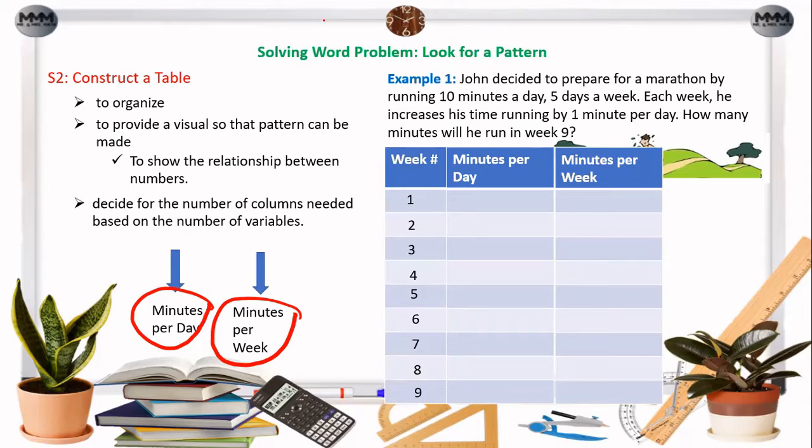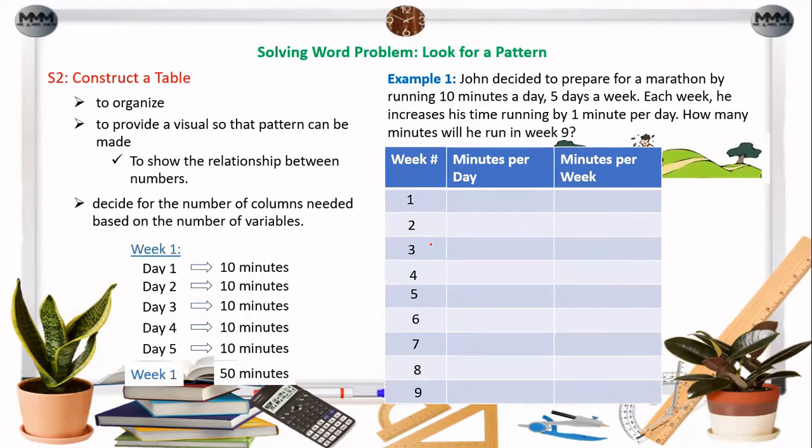Because we are to find the time in minutes that John will run in week 9, we can have here week 1, week 2, week 3, up to week 9 in our table, so that we will know how many rows we need in our table. So that's it. Now let's go back to the problem.